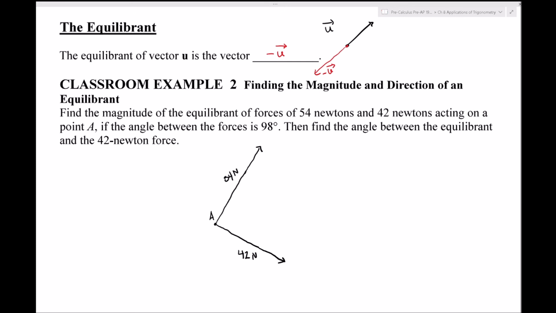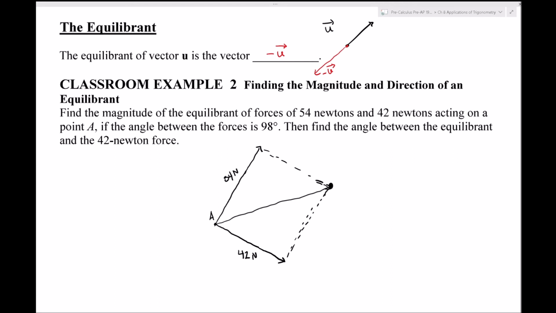So we want the resultant first, and to find the resultant, parallelogram. I'm kind of bad at drawing those. But let's say that's where the terminal side is going to be. Or sorry, that's the resultant.